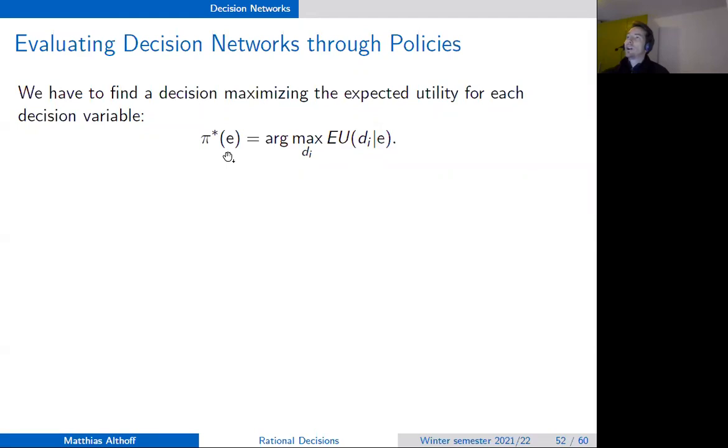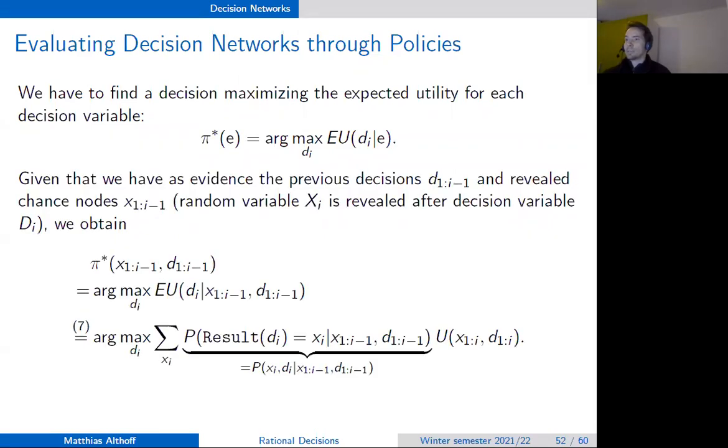And we call the optimal decision the policy given the evidence that we have. So policy will also be a big topic in the next lecture that we will start in a few minutes. But there we will then talk about policies of dynamical systems where the state changes over time. Good.